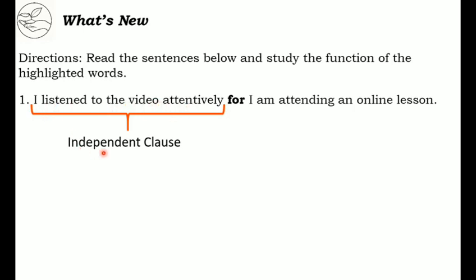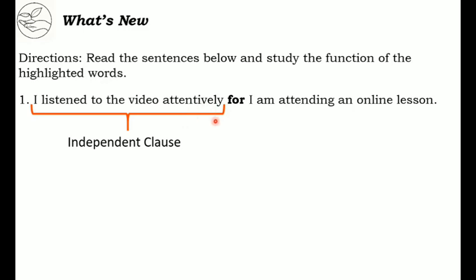In other words, this independent clause can also be considered a simple sentence. We can put a period here and disregard the other part of the sentence. It will not affect the thought of the sentence because it still expresses a complete thought.